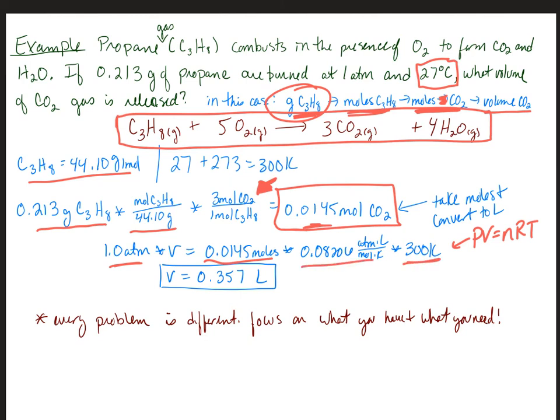We've got 300 Kelvin. Solve for V, and you find how many liters you have. Now keep in mind that this is liters, and also keep in mind we had a little bit of grams here. So that was not very big. That still gave you 357 milliliters of CO2 gas, which is quite a bit. Think your way through that in the end and go, does this make sense? Well, it does make sense that that's a larger amount considering that this is a gas.